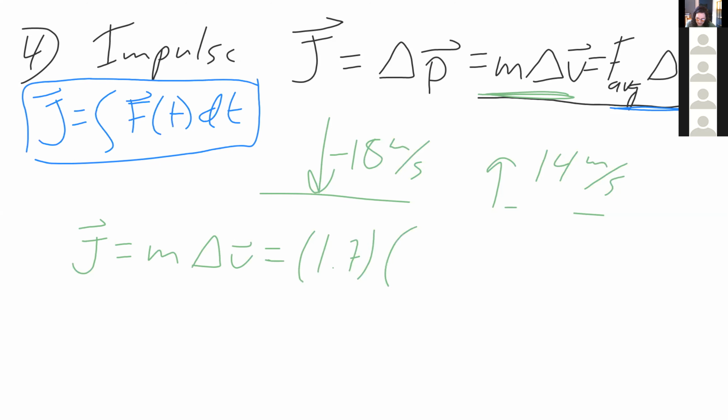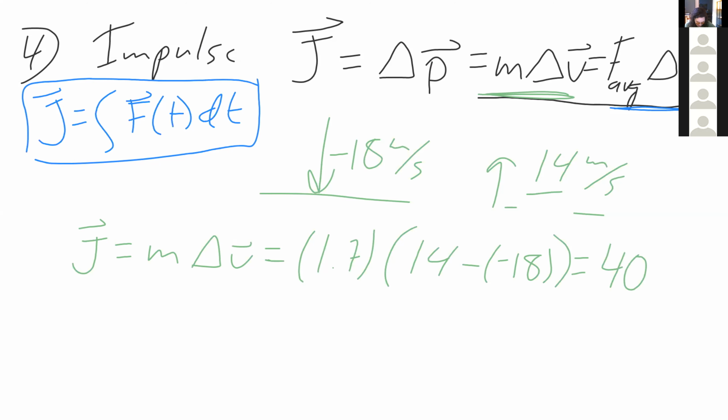And then I just do v final, which is 14, minus v initial, which is negative 18. So I have minus a negative, and that gives 32 times 1.7. What is that? Very roughly about 50.